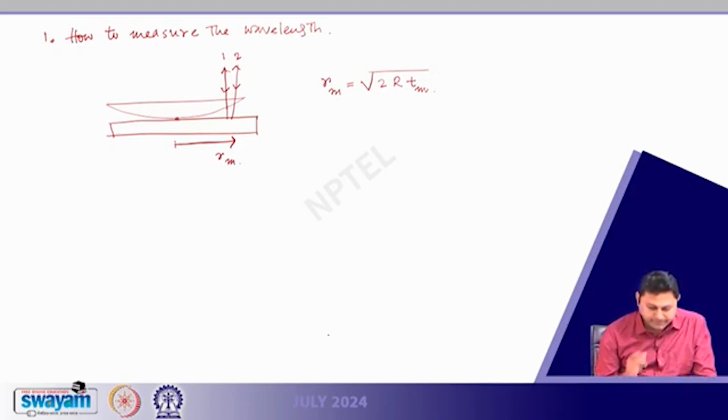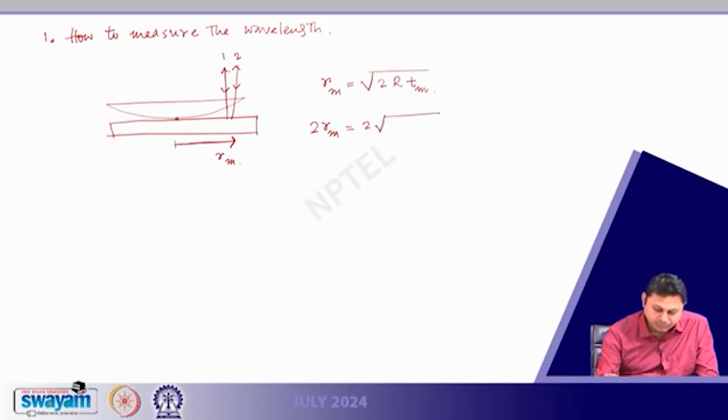Now if I multiply this with 2, then 2 Rn is equal to 2 of root over of 2r Tm, where this is my Tm, path difference.